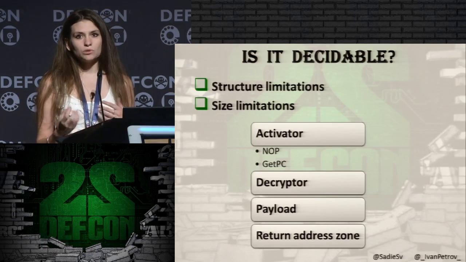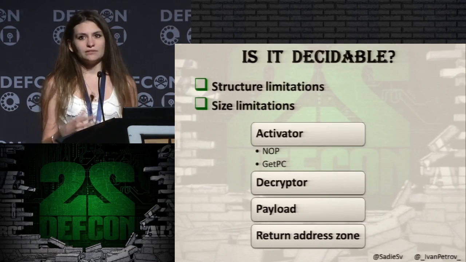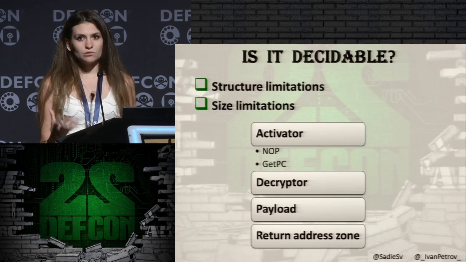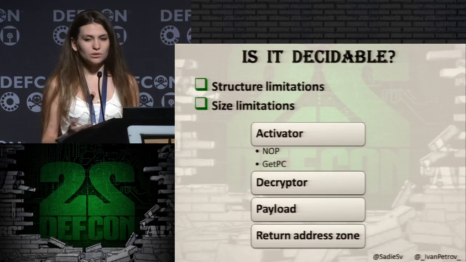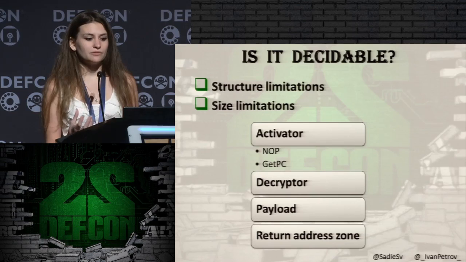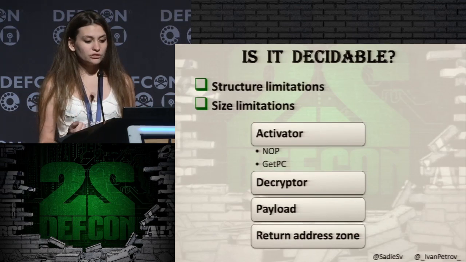So as we want to evade detectors like signature-based detectors, even behavior-based detectors, we want to obfuscate our code somehow, that's why we typically have decryptors there. Then the payload and the return address zone.